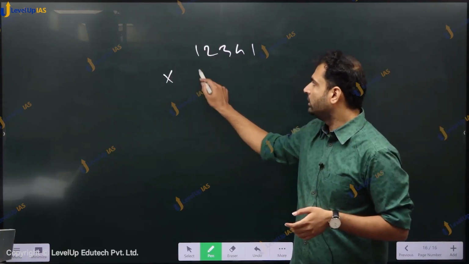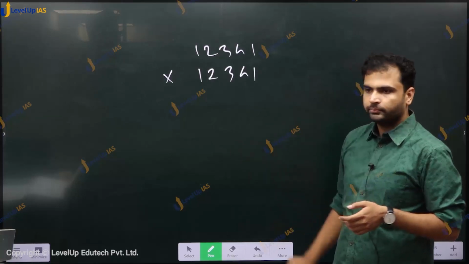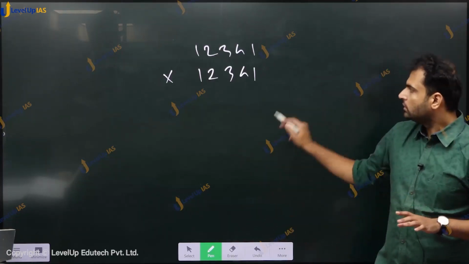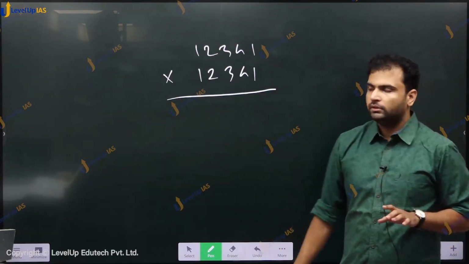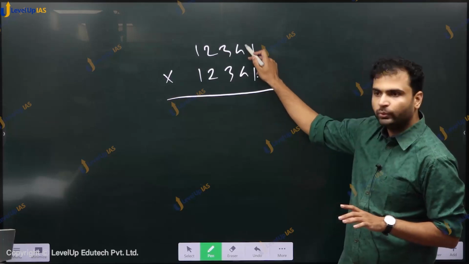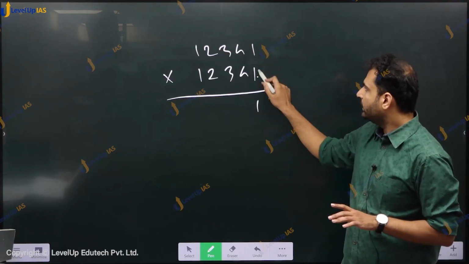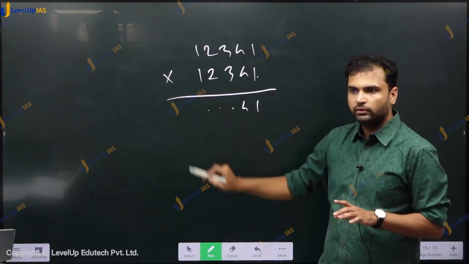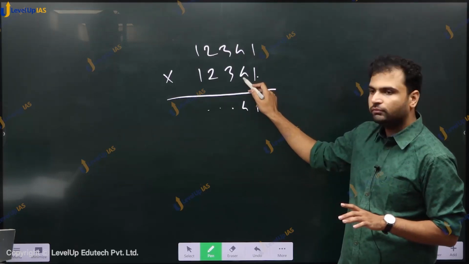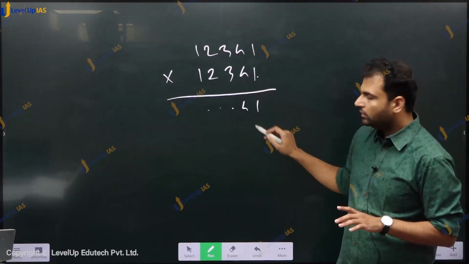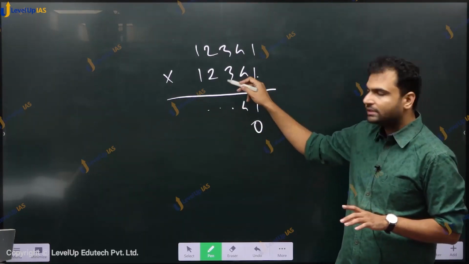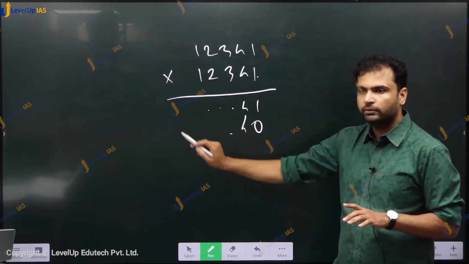Square is nothing but multiplication of a number with itself, right? So how do I multiply? I multiply this 1 with 1, then 1 with 4 and so on. Then I add a 0 and start multiplying by 4 into 1 and so on.